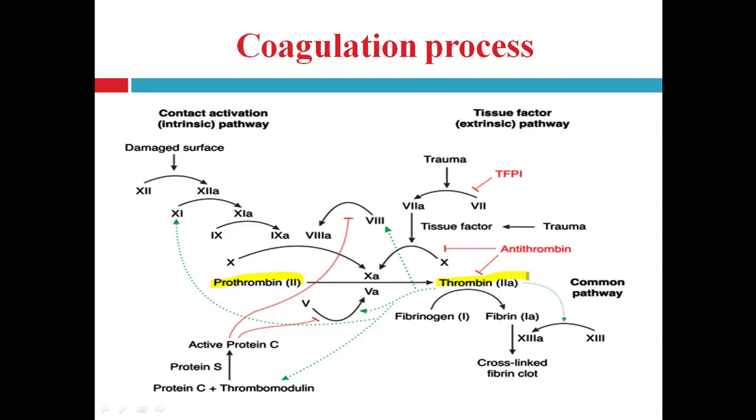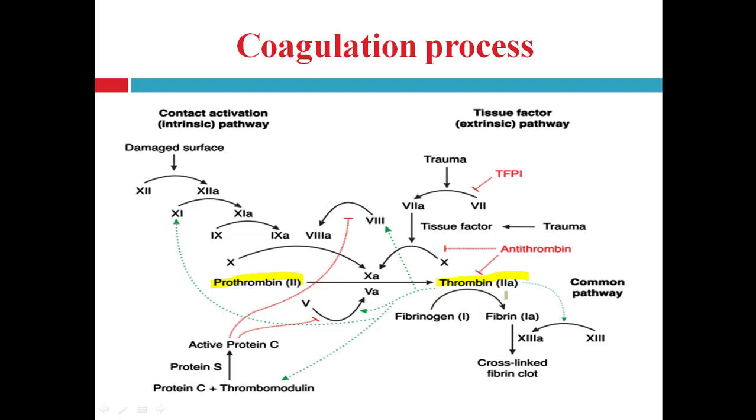Factor 2 is known as prothrombin. So prothrombin is converted into thrombin, or in short, factor 2 is converted into factor 2A. 2A means it is an activated factor. Factor 2, or prothrombin, is an inactive factor, and it is converted into an activated factor, right?